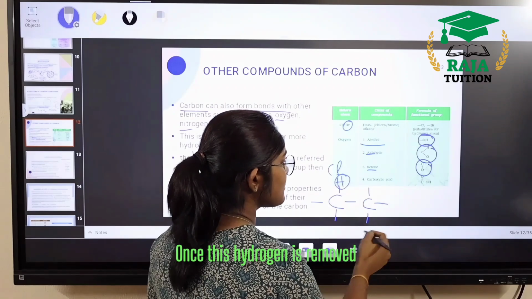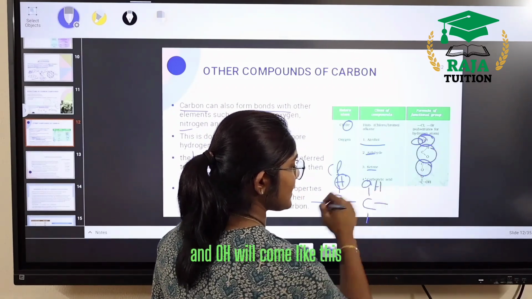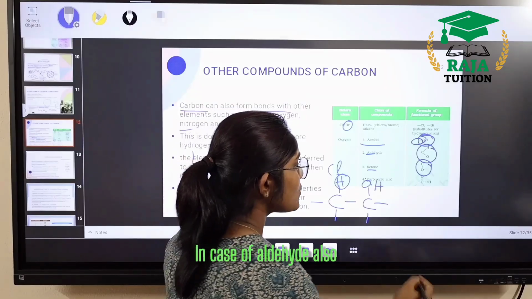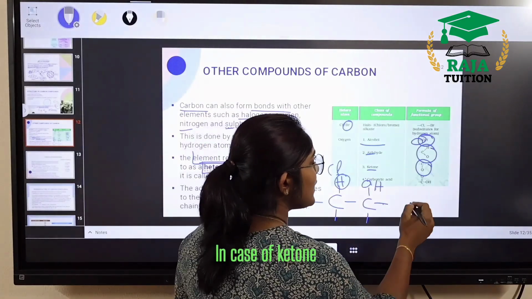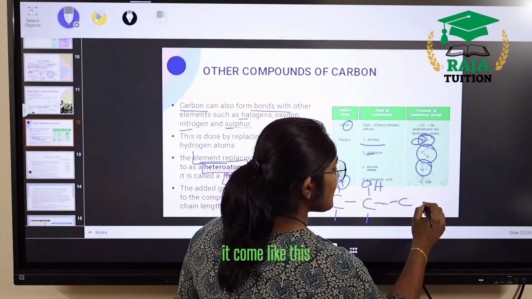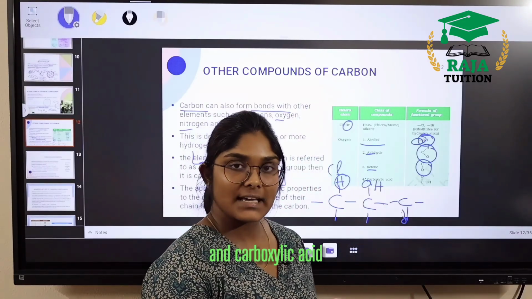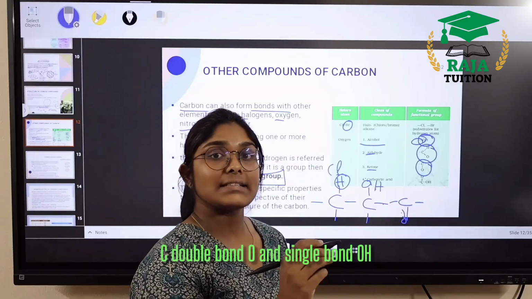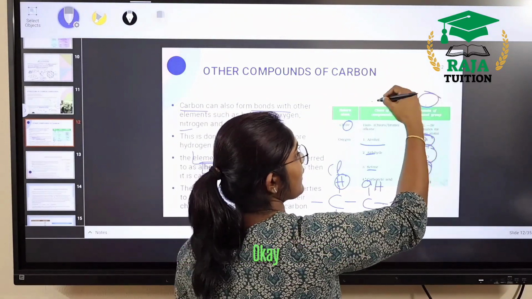Once the hydrogen is removed, the OH will come in its place like this. In case of aldehyde also, the valency comes here. In case of ketone, it comes like this, C double bond O. And carboxylic acid, C double bond O and single bond OH. You have to learn this table by heart. This is very important.